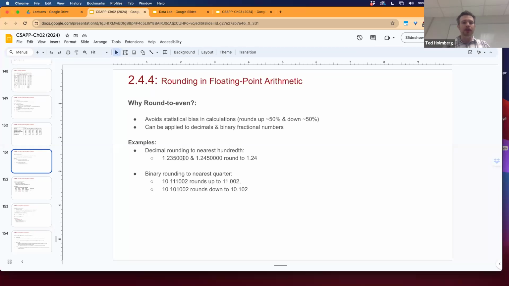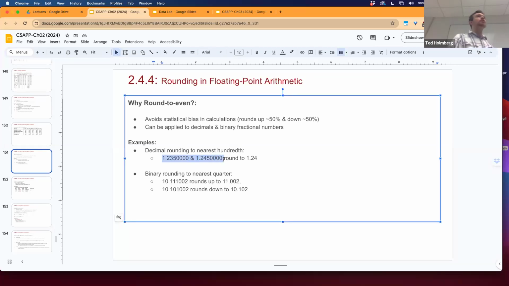It's going to be when we start talking about numbers where we're going down to the lower precision points, where we're having to examine the granularity and take the next set of points that are going to be on the far end of our radix point. So these are just some examples to show how both these values, this 1.235 and this 1.245, would round to 1.24 if we're looking for 2 precision points versus 3 precision points.